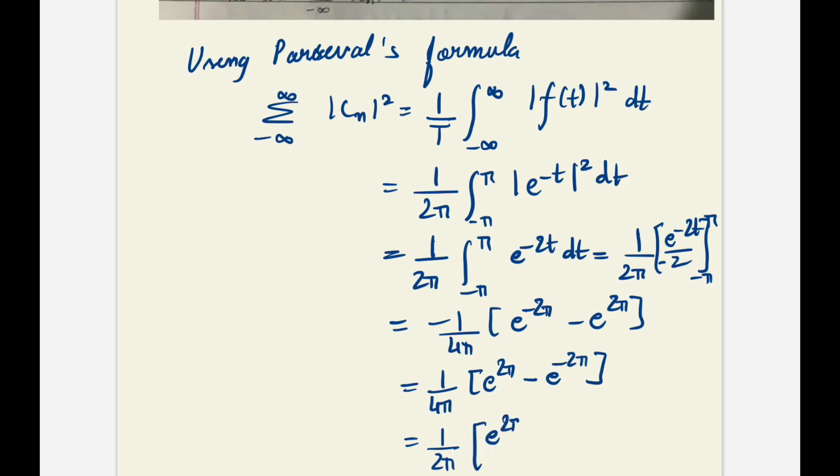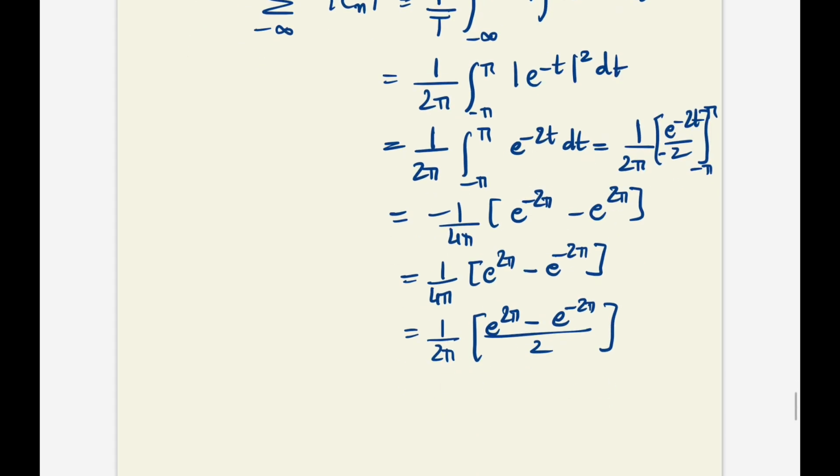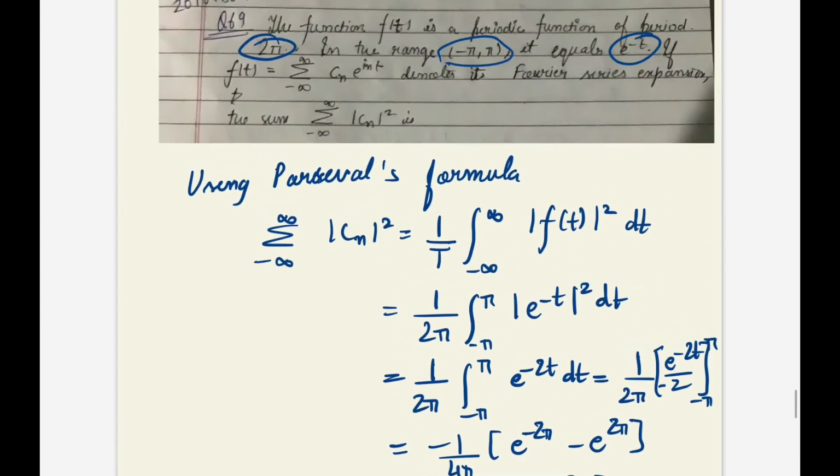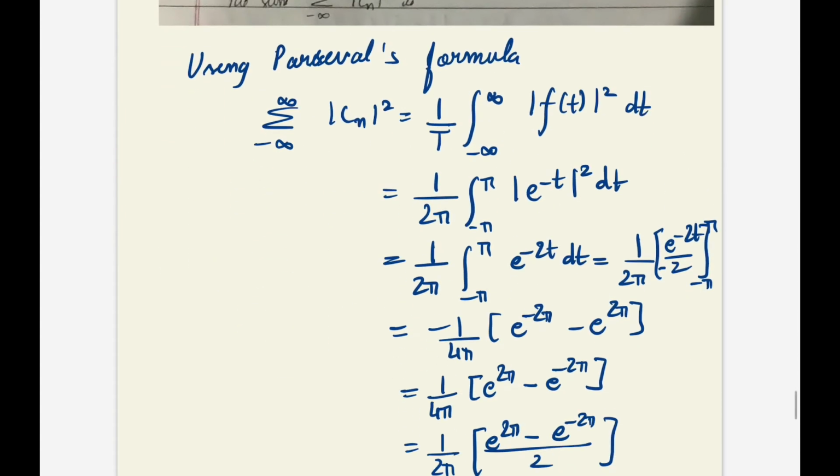We will do a little calculation manipulation. This becomes 1 over 2 pi sine hyperbolic 2 pi. So from this, option D is the correct answer.